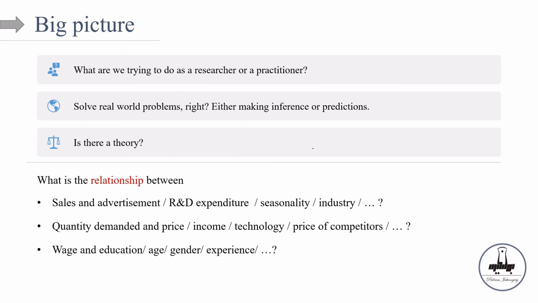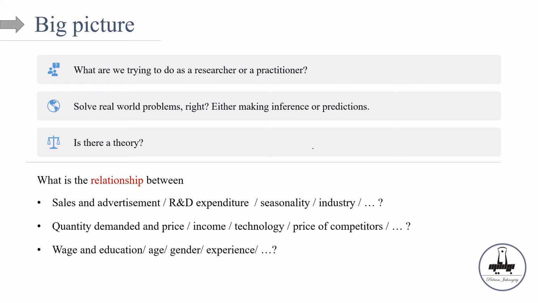Okay, so imagine in marketing, we're interested to see what is the relationship between sales and advertisement, right? What's the relationship between sales from one hand and advertisement, R&D expenditure, seasonality, industry type, etc. from the other hand. So this is a really interesting question. Or for example, you want to work as an economist for big name companies like Amazon, Google, Microsoft, Apple, and then basically you want to quantify the demand function, right?